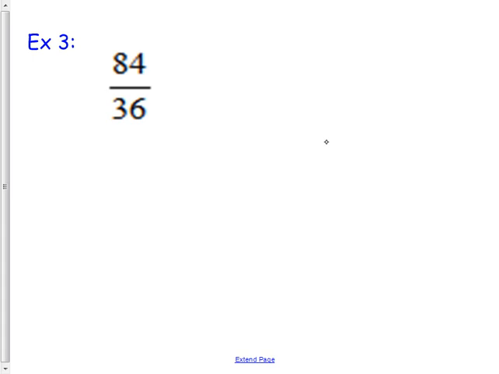All right, so for the next one here, example 3, we have 84/36. I know that if I multiply 36 times 2, I'm going to get 72. So I can get 2 out of here. So let's subtract 72. I'm going to circle it. I'm going to write a 2. That's my 2 whole. I'm going to have 12 left over.